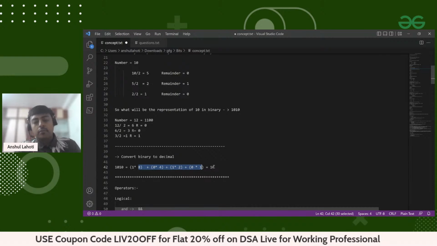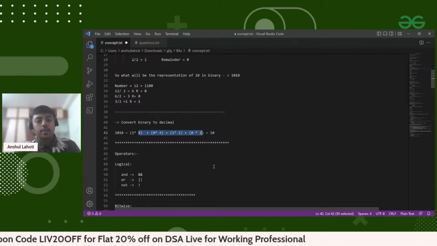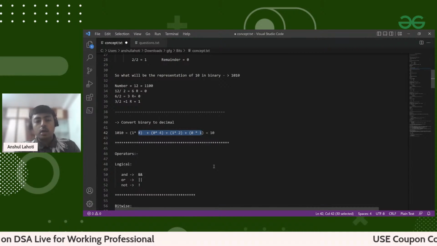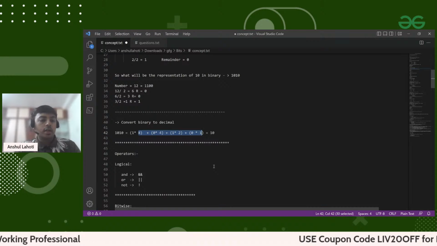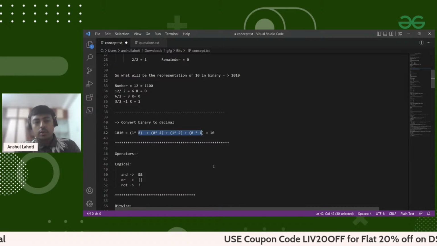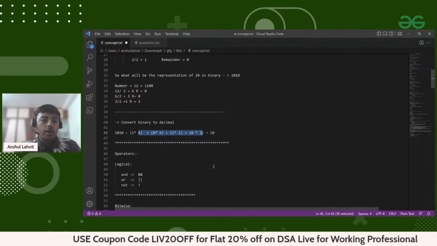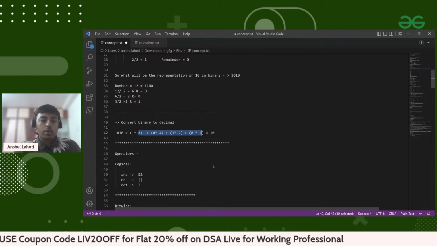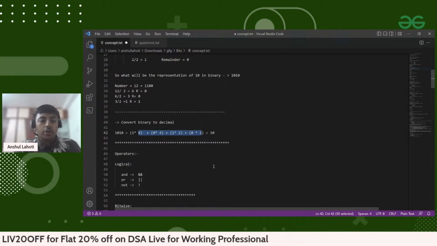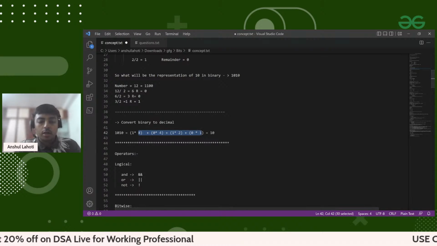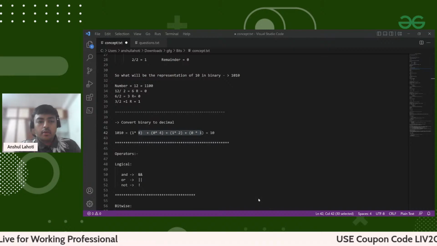We will see in a later class how we will write the code for these conversions. So this is the basic knowledge about how we convert a number from decimal to binary and binary to decimal.